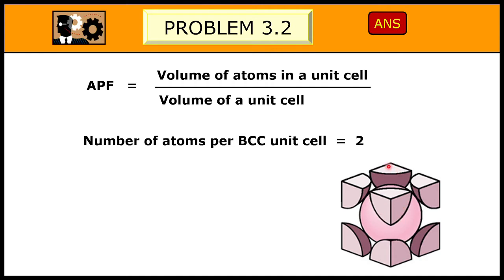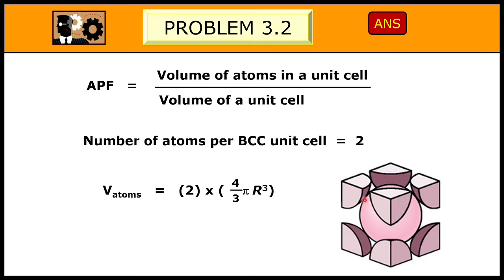How to get 2? I think I showed before: the center one is 1 atom, and we also have 8 corners, 8 times 1/8. So 1 plus 8 times 1/8 is equal to 2.